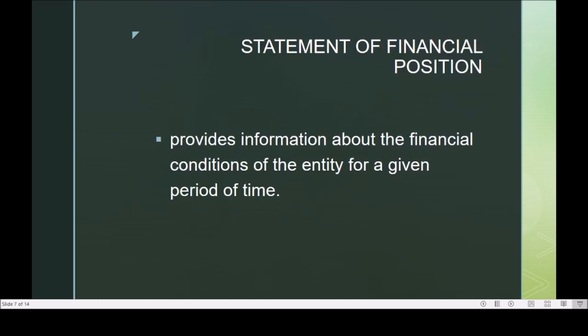Okay, what is a statement of financial position? A statement of financial position provides information about the financial condition of the entity for a given period of time.